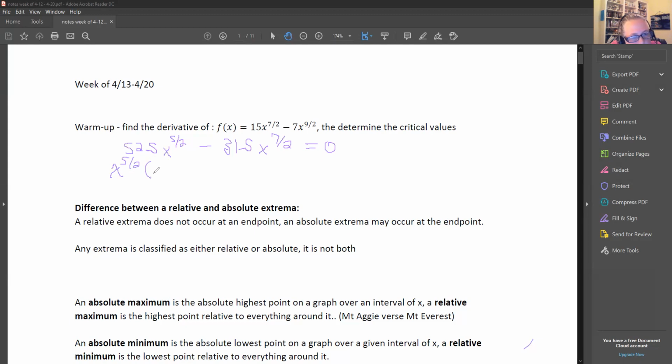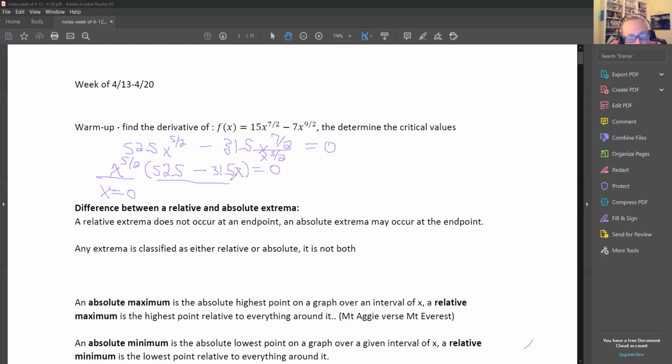And I'm left with 52.5 here. Now, 7 halves divided by x to the 5 halves, when you subtract it, you get x to the 2 halves, or x to the 1. So it's minus 31.5x. Set that equal to 0. Now, x to the 5 halves, that's going to be 0 at 0, because 0 to anything is 0. So x equals 0 there.